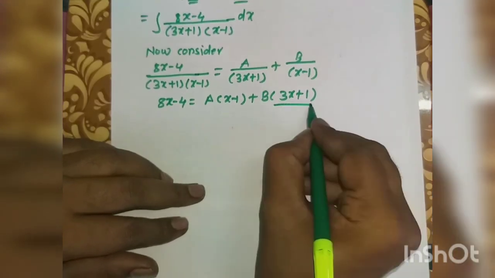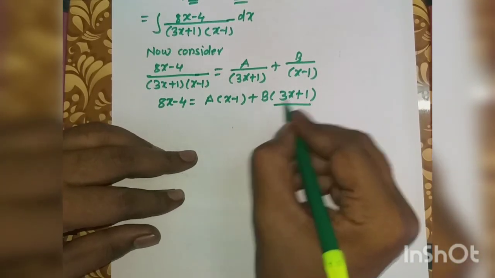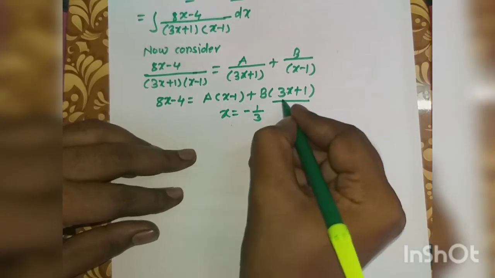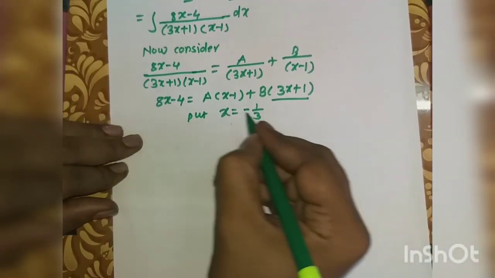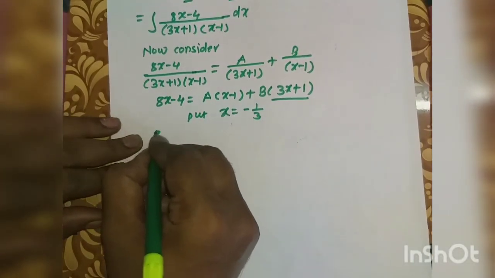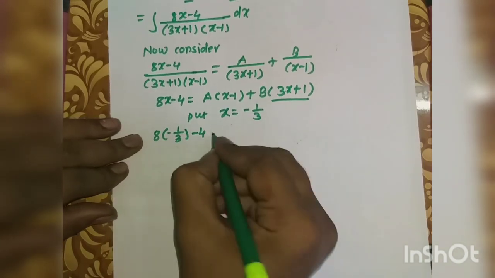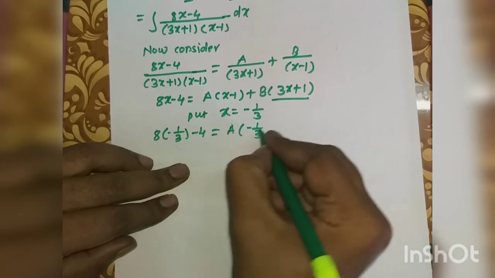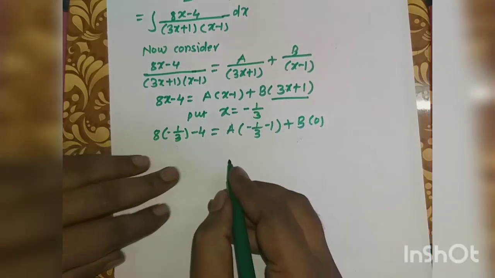First eliminate b, so the coefficient of b is converted into 0. If we substitute x equal to minus 1 by 3, then this bracket becomes 0. Put x equal to minus 1 by 3: 8 into minus 1 by 3 minus 4 is equal to a bracket minus 1 by 3 minus 1 plus b into 0.